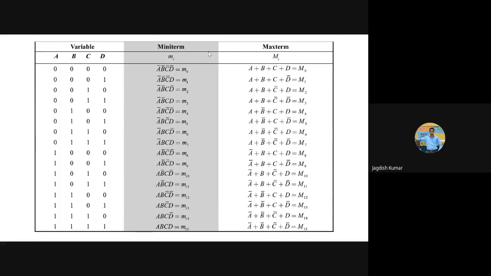What will be the min term m7 in case of 3 variables? This will be ABC. And the max term for the same, capital M7, will be A complement or B complement or C complement. I hope this is clear.